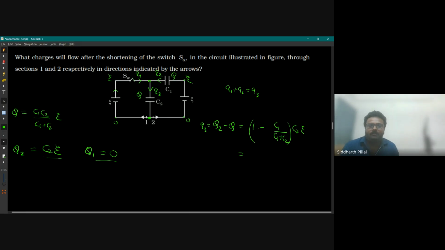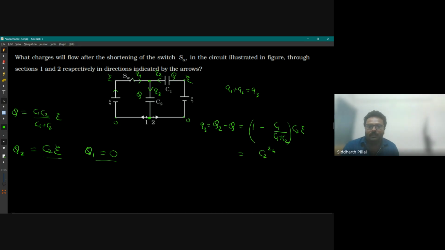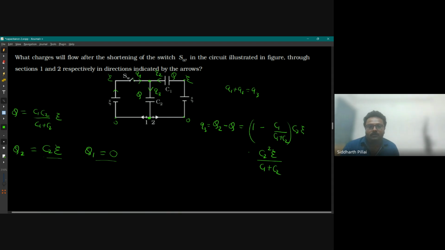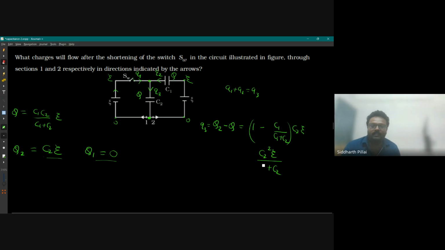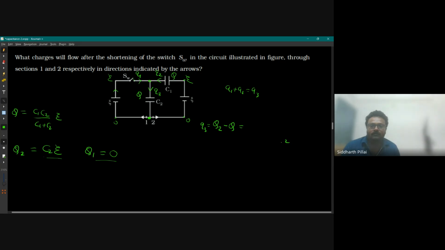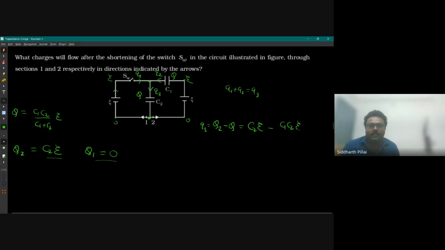So C1 minus C1 will get cancelled, and I'll get C2 square E by C1 plus C2. Actually, I don't need to write it like this. Let's just write it in the separate form. So that is C2E minus C1 C2E by C1 plus C2.